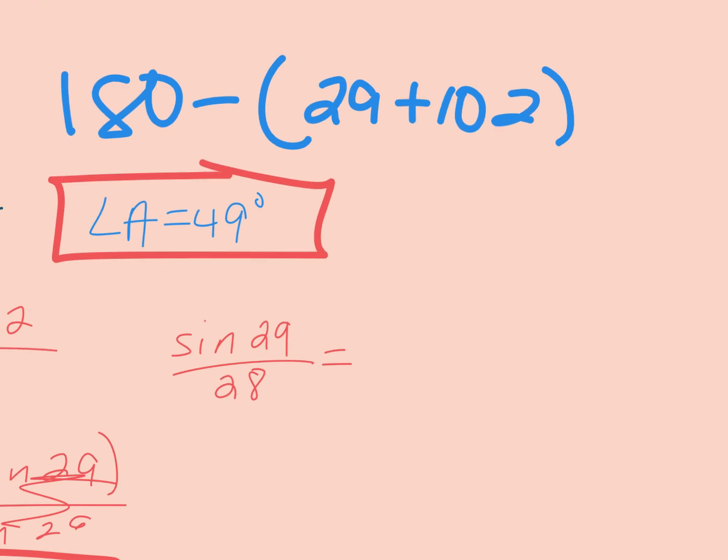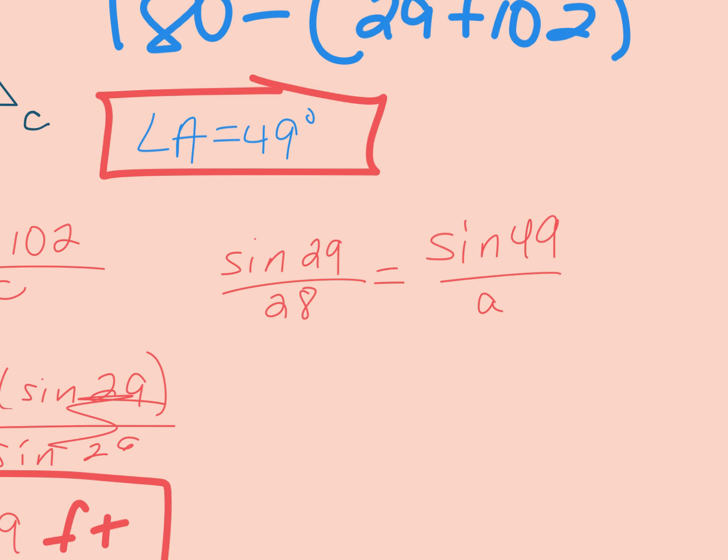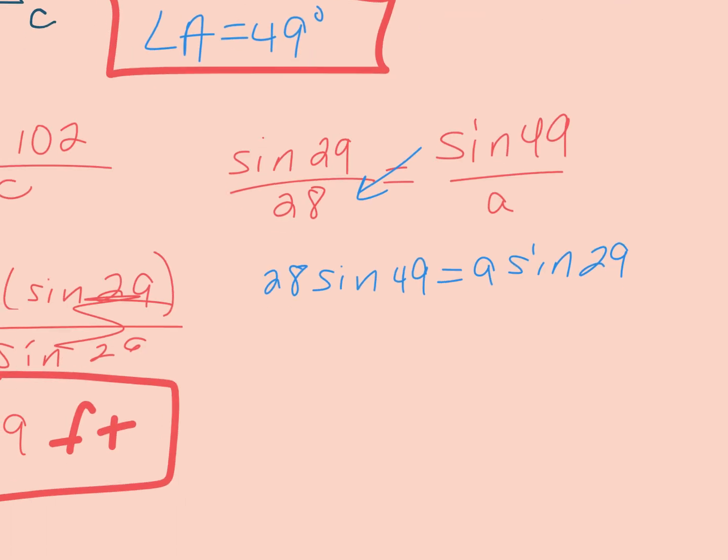So sine of 49 over A. Again, guys, a fraction equals a fraction. What do we do? Cross multiply. So 28 times the sine of 49 equals A times the sine of 29. How do I get A all by itself? You divide. Perfect.